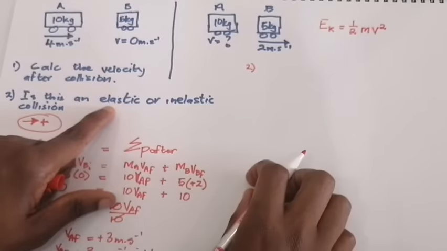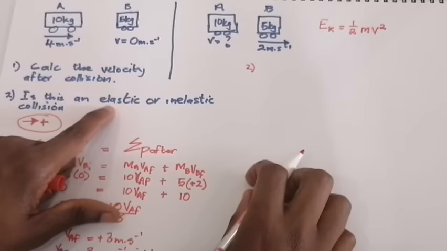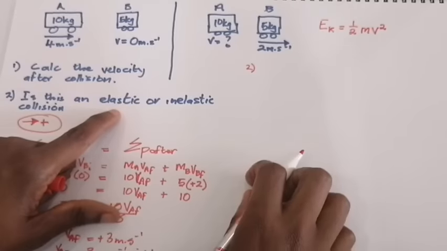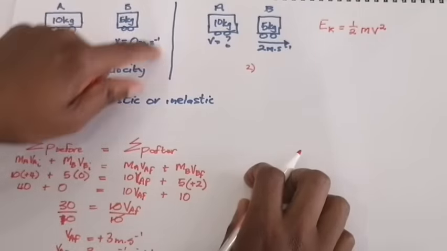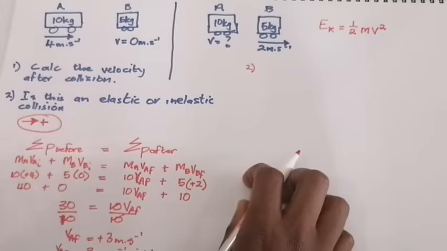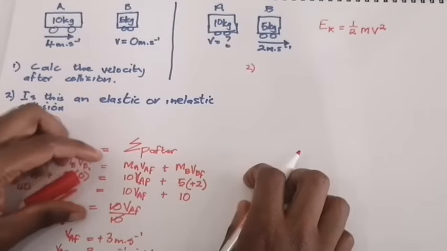An elastic collision is one whereby the kinetic energy of the system is conserved, meaning it is kept the same.